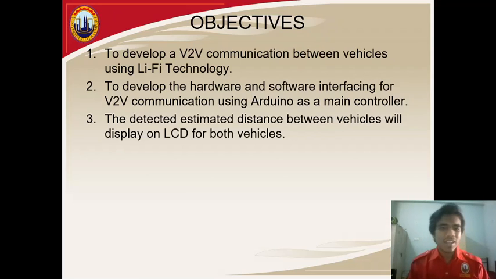And next, the detected estimated distance between vehicles will be displayed on an LCD for both vehicles. This is not really good for me, but to accomplish this objective, I realized there are certain tasks that I need to face.